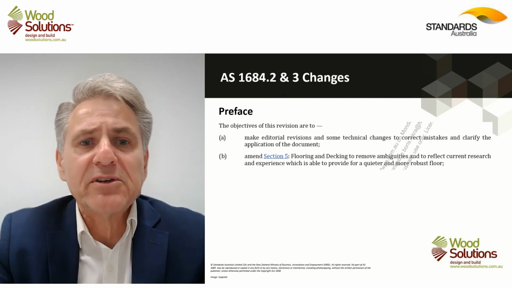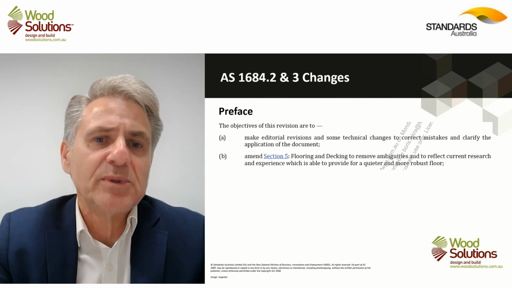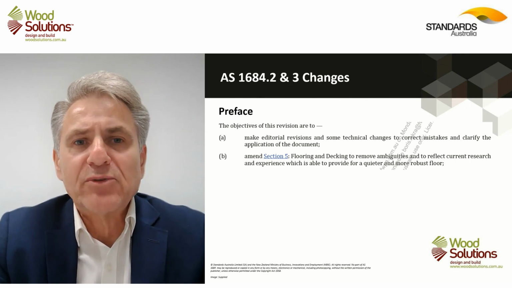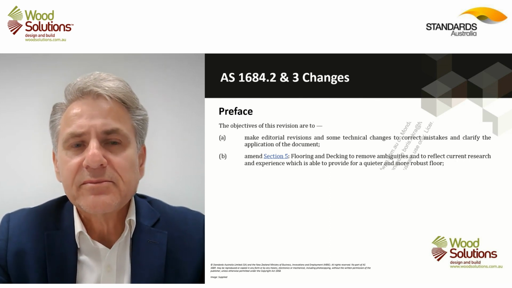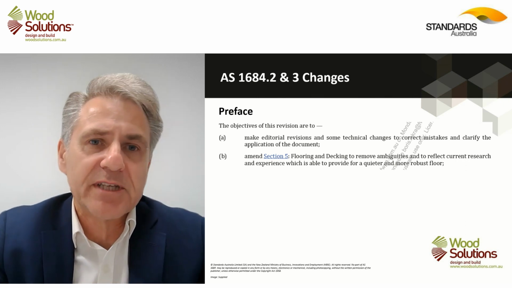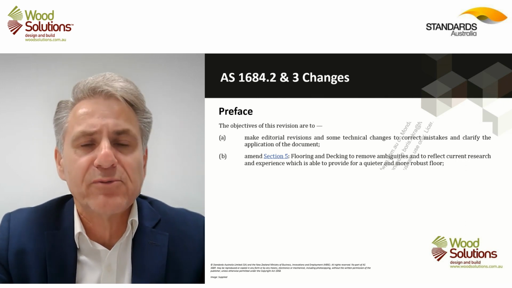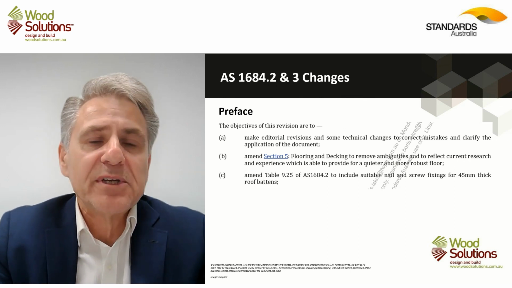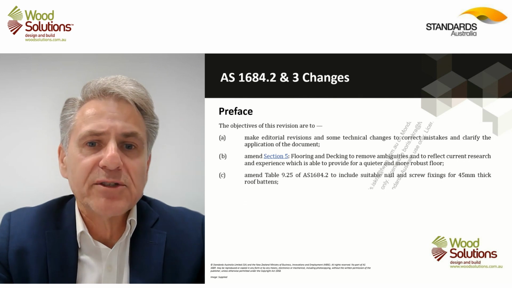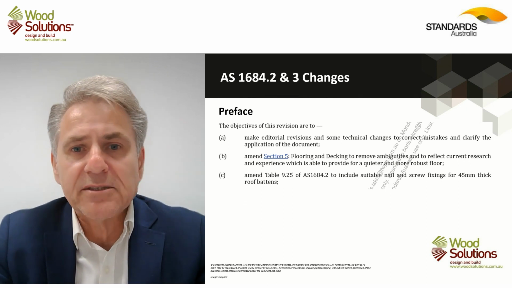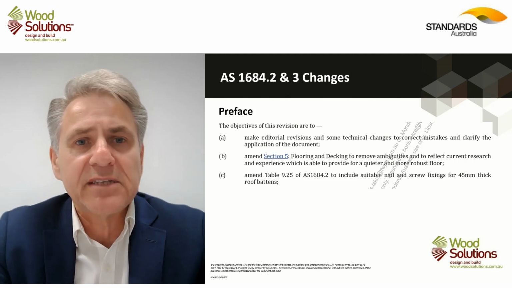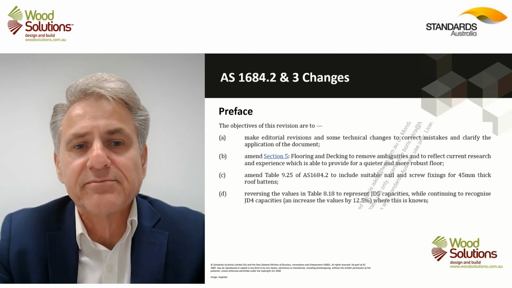In Section 5, there's been a bit of change in relation to installation of flooring and decking, to address ambiguities raised in the use of the document, and to include some construction practices that can make these floor systems a bit quieter and a little bit more robust. There are also some additional details for fixing of roof tile battens. Previously, we only had details for 35mm thick battens. Now there are 45mm details.